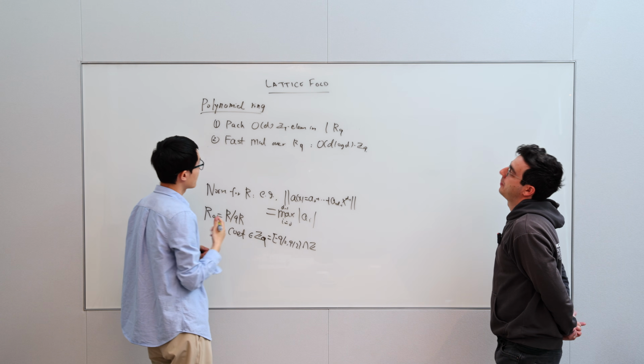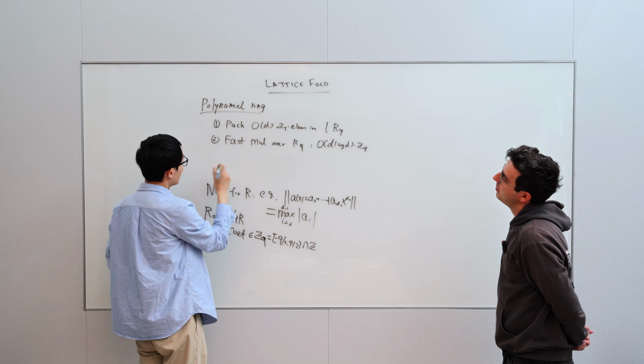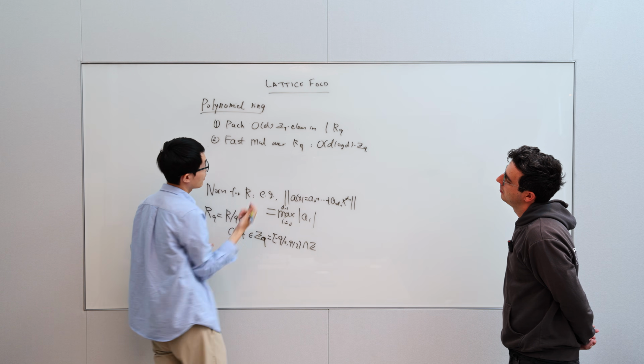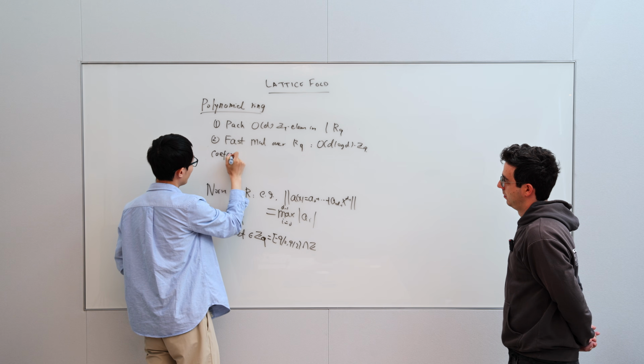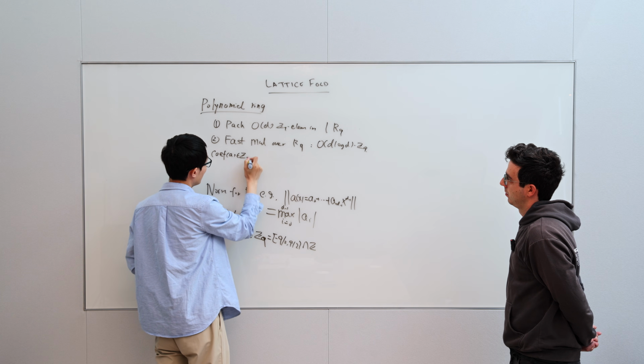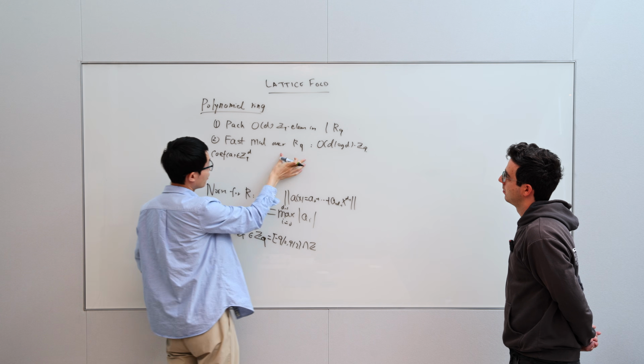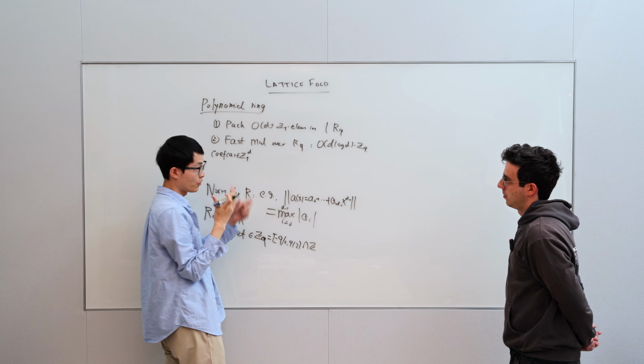Another way to view it is that for every polynomial, you can define the coefficient vector of the polynomial. The coefficient vector of A is in Z_Q^D, and as you said, polynomial multiplication is just convolution.